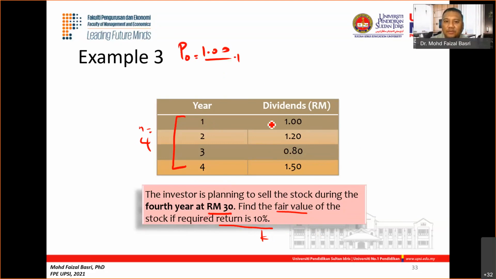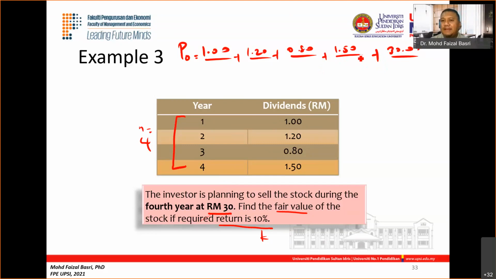The second year is RM1.20. The third year is 80 cents. The fourth year is RM1.50. And we're gonna have one selling price, which is RM30.